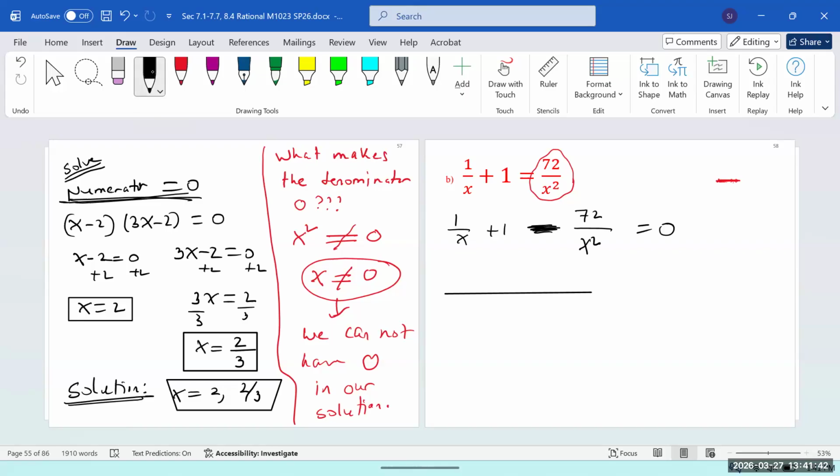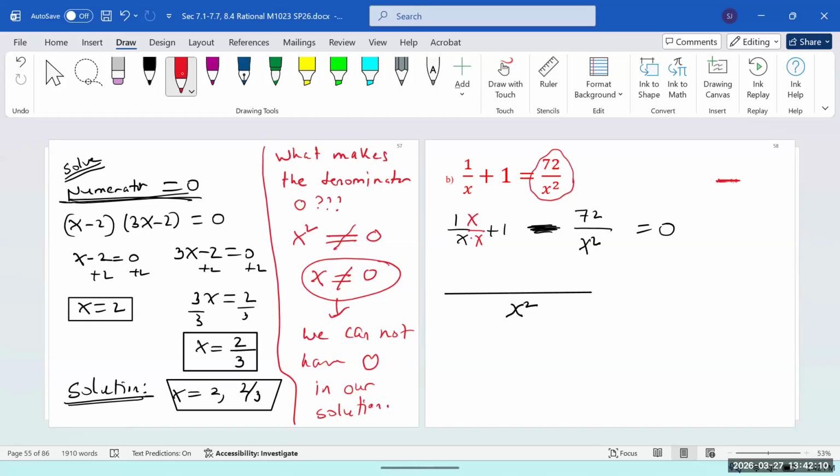What's the LCD between x and x squared? X squared. Step 3, match all the denominators. The first denominator has x, but we want x squared. So what do you have to multiply by? X. So we multiply numerator and denominator, both of them.